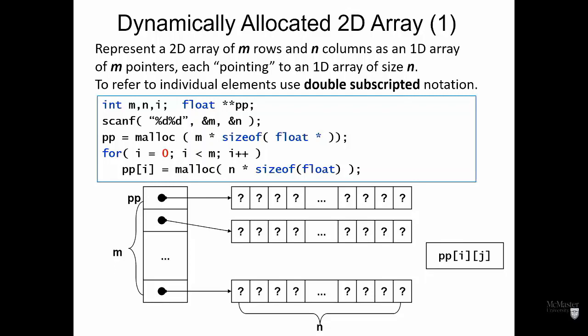Now, because you do each of these malloc things separately, I can encounter the case, and focus on this because this is important, that the compiler is executing my code. I allocated the first array, good. I go through the loop, allocated this, and the third one, I found I don't have enough memory. What would happen? You created this and these two, but the remaining ones cannot be created.